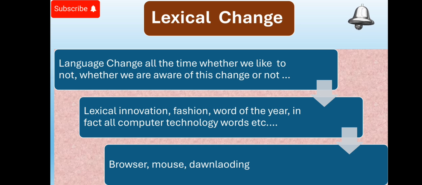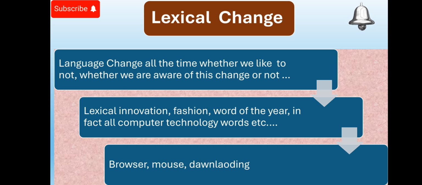So this is a language change, and this language change is referred to as lexical change. Now see, there is another word, mouse. Perhaps in the past, people thought that mouse referred to a small gray animal.